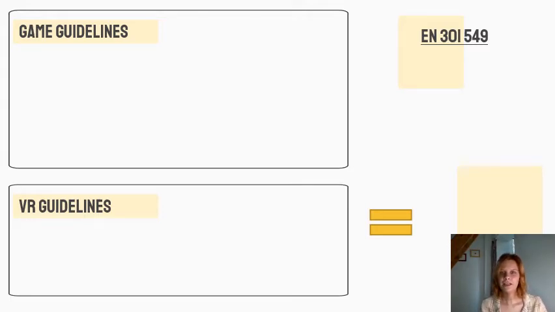For the game guidelines, I don't want to go into detail about these, I'm just going to name them. So there's a white paper from the International Game Developers Association Game Accessibility Special Interest Group, and they also have a top 10 of accessibility rules on their website.